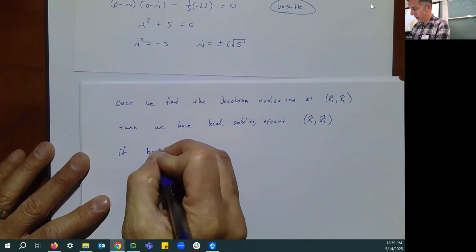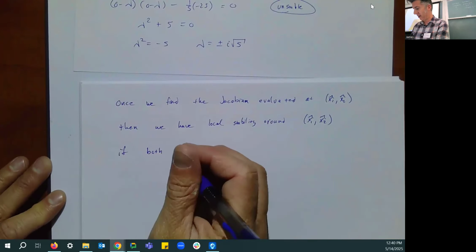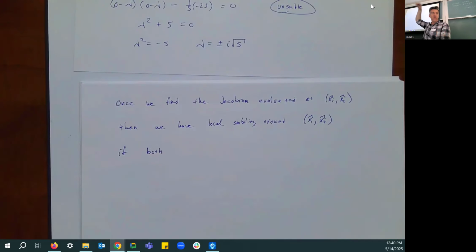If both, and let me make sure I say this right, because I've messed up before and said really emphatically the wrong thing. We need to be in the upper left-hand corner of that picture we showed before, where the trace is negative and the determinant is positive. We know the determinant can't be negative because if the determinant's negative, we're in saddle land. And we know the trace can't be positive because if the trace is positive, we're in unstable spiral land or unstable node land.